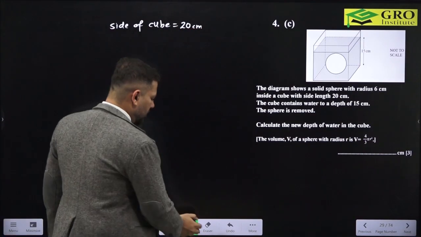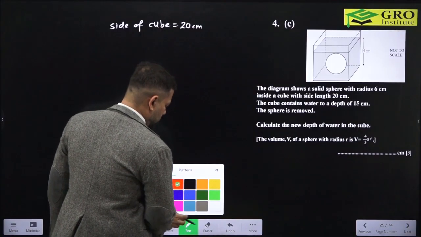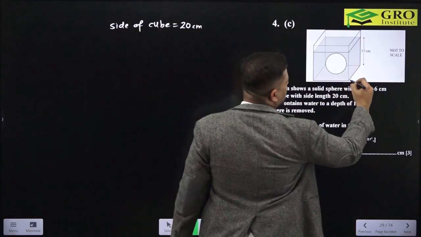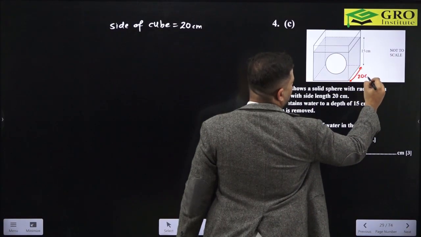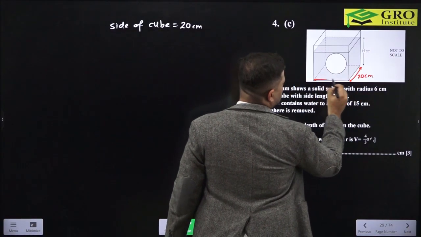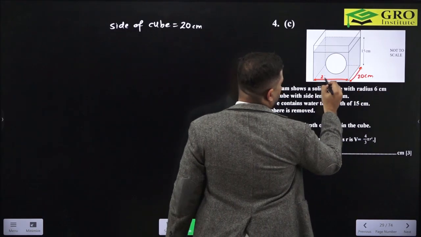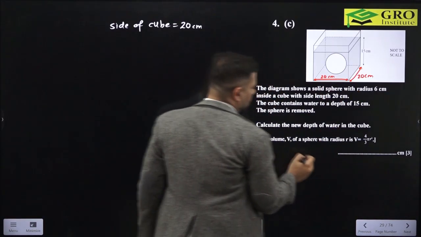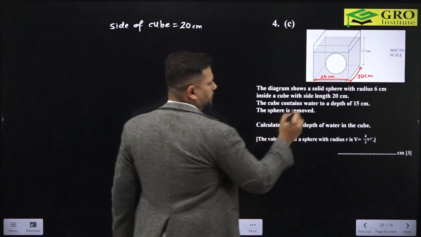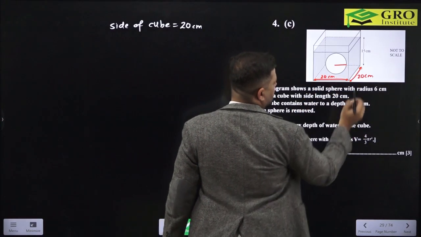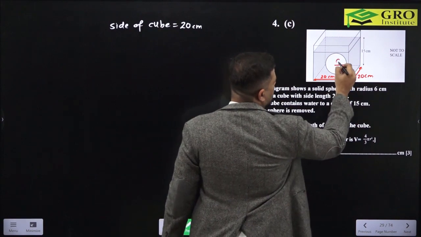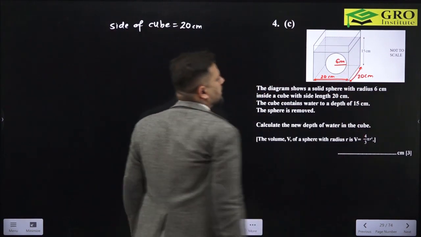This is the first information. Then what are being given with? Let us mark it also. This side, this is given to us as 20 centimeter. That means this side is also 20 centimeter. And the radius of the sphere, this is the sphere, so its radius is given to us as 6 centimeter, right?